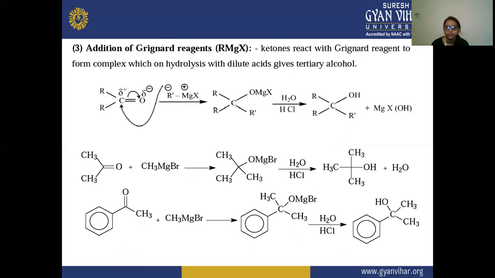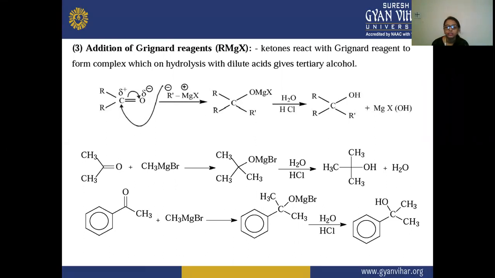Next, addition of Grignard reagent, that is your RMgX. Ketones react with Grignard reagent to form a complex, which on hydrolysis with dilute acid gives a tertiary alcohol. So here you will see this is a ketone, and this ketone is reacting with RMgX. The oxygen is withdrawing electrons from this bond, so this O has the partial negative charge, and this carbon has the partial positive charge.